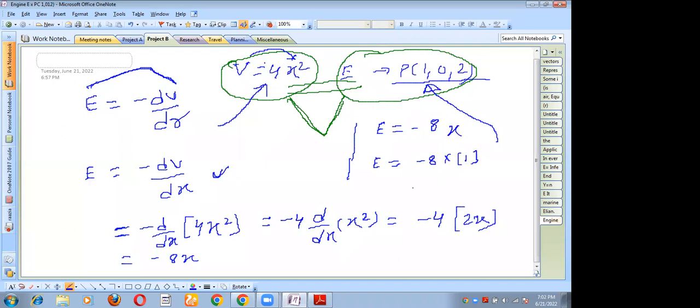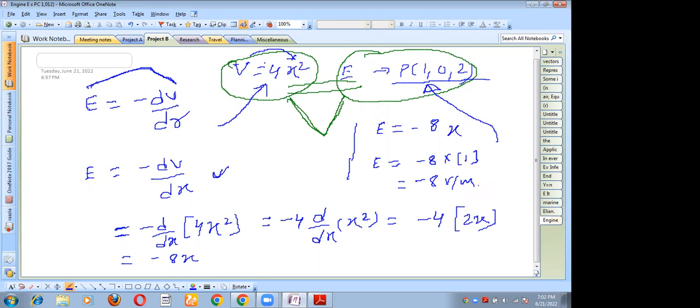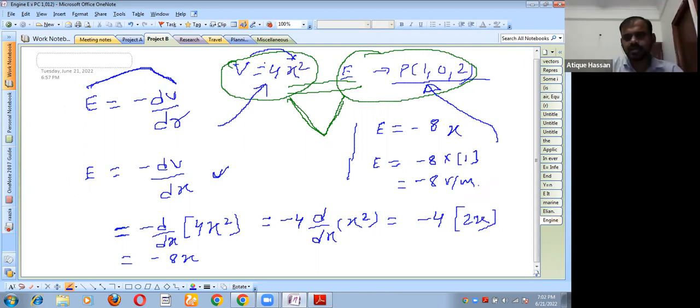Correct. So you will get minus 8 volt per meter. Got my point? So the electric field is along the negative x direction and its value is 8 volt per meter.